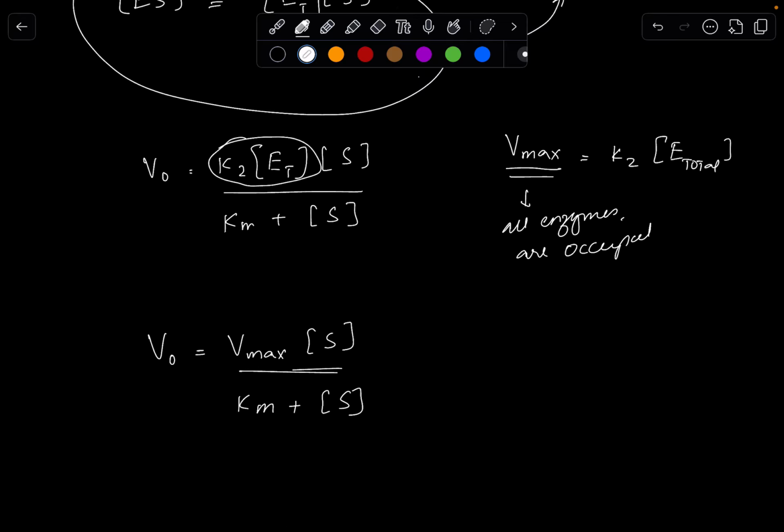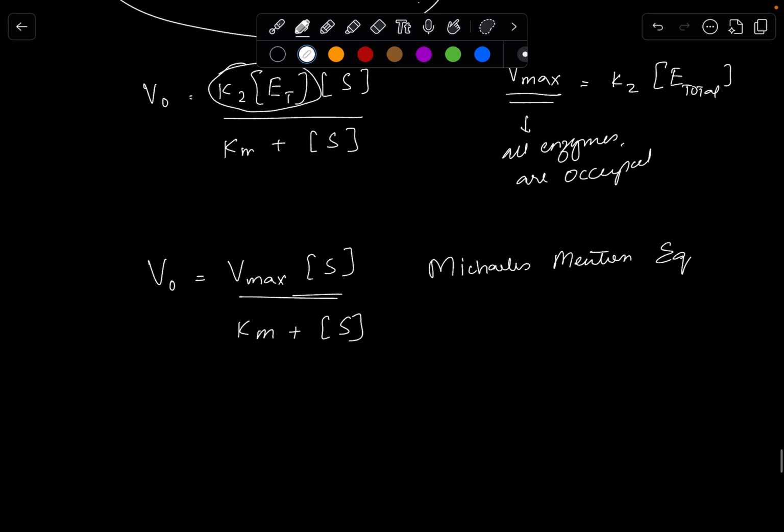And so guys, this is our Michaelis Menten equation. And the only reason I did this derivation is to show you the thing about Km.